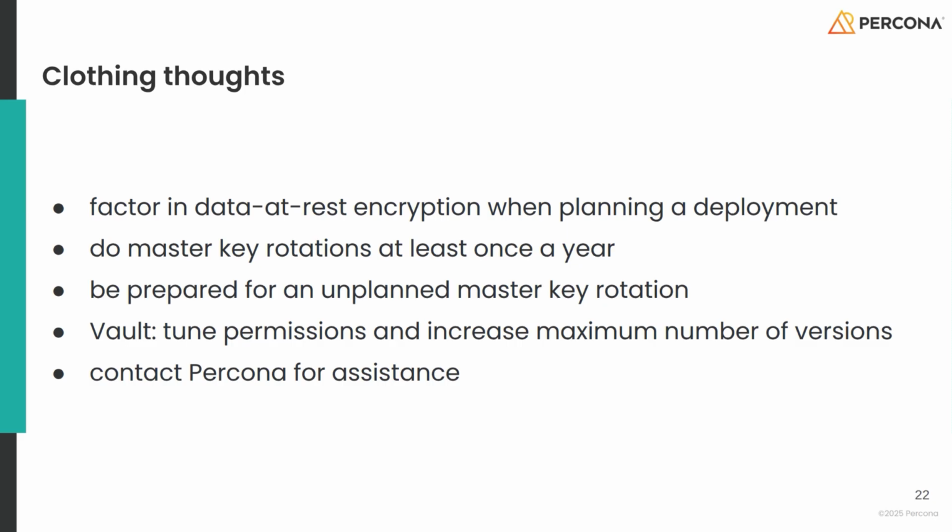We should not forget about periodically rotating master encryption keys, at least once per year, and be prepared for security incidents and automate our rotation in case some key gets compromised. Also, we should not forget to tune the Vault configuration if we choose to use that software, for a seamless experience with Percona Server for MongoDB.